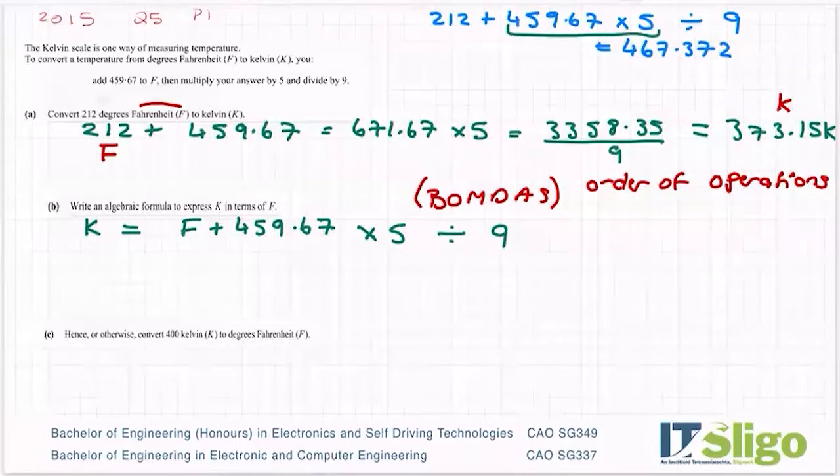Well, if you do this bit first, 459.67 multiplied by 5, and then you divide by 9, okay, you'll get 255, and then you add on the 212, you will get 467, okay?